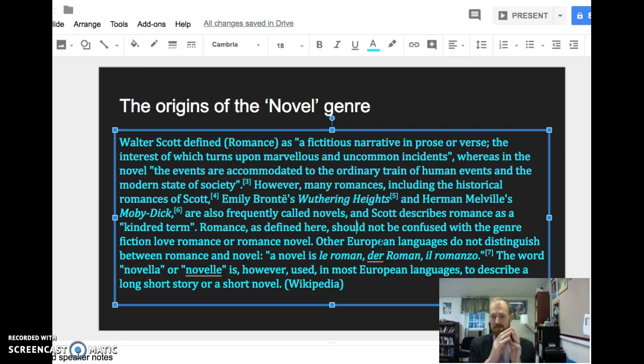In the early days, you had your romance. Okay, we're talking Sir Gawain and the Green Knight, The Tempest, Le Morte d'Arthur, legends and such that one would read that were highly fictitious and entertaining, and often very short, or not necessarily wrapped up into one single unit neatly the way that a novel is.